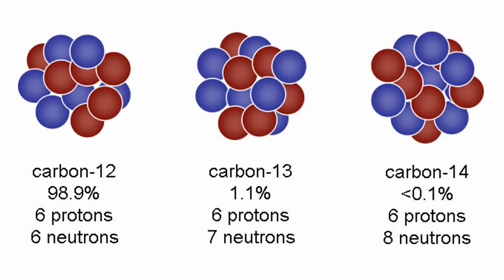Carbon-12, for example, has 6 protons and 6 neutrons. Its atomic mass is 12. Most atoms of carbon are carbon-12 isotopes. Carbon-13 and carbon-14 isotopes are comparatively rare, making up a little over 1% of all carbon atoms.